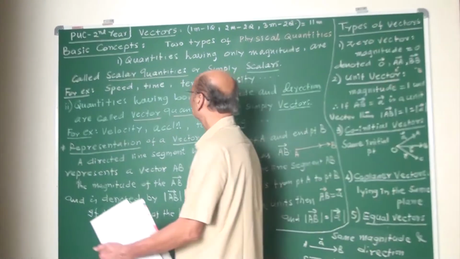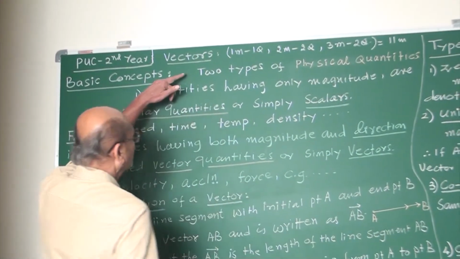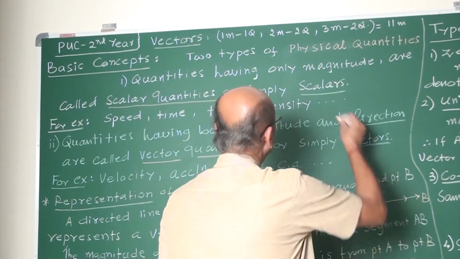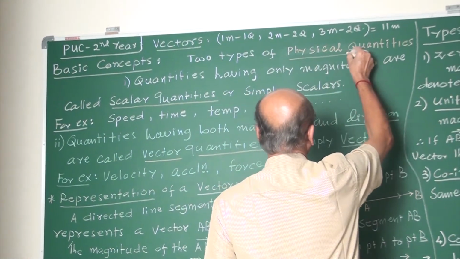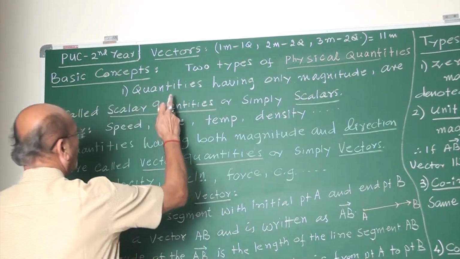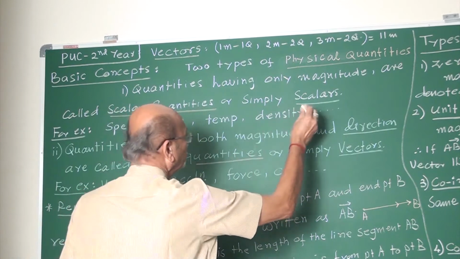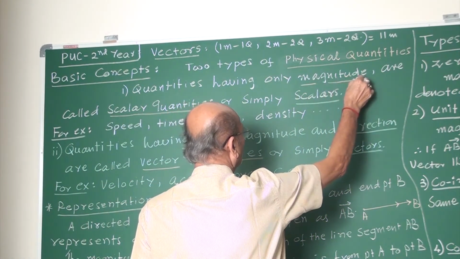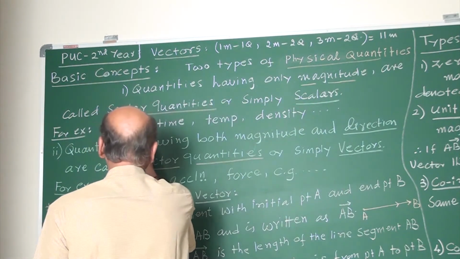Yes, my friends. There are 2 types of physical quantities. One, quantities having only magnitude. There is no direction for these quantities, my friends. For example, speed.